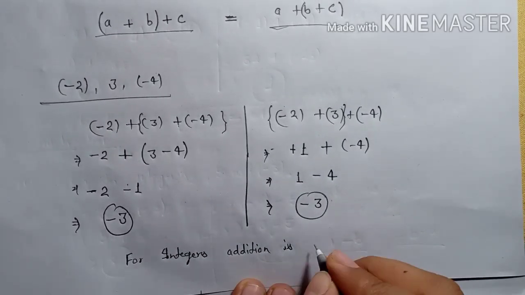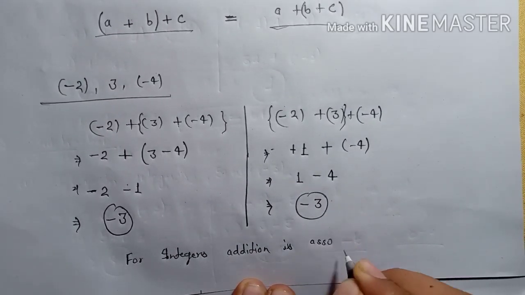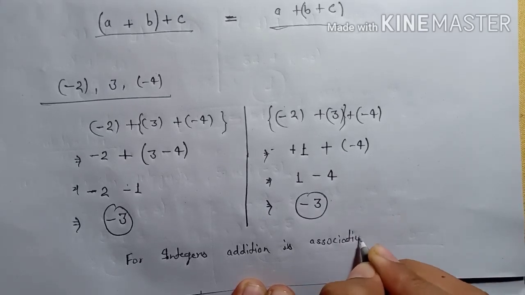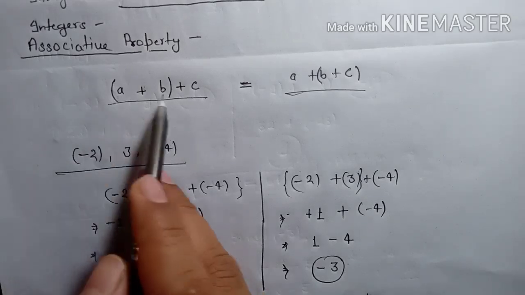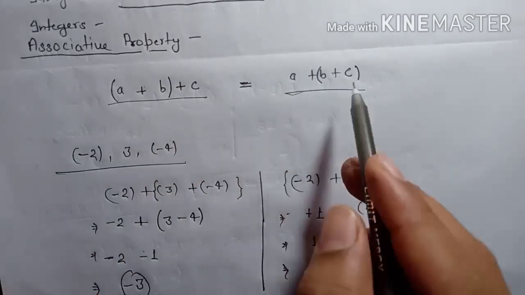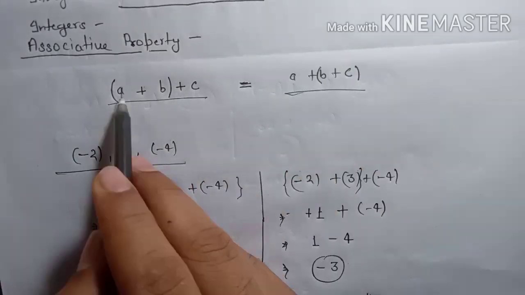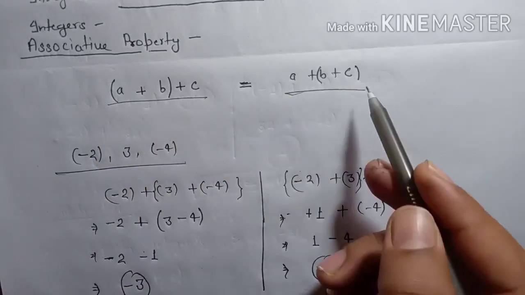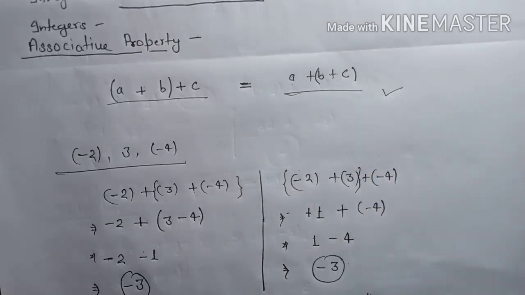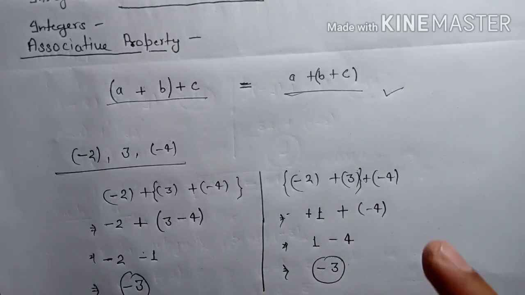Addition is associative, means you can add integers in any order as you want. Add a plus b, then add c, or add b plus c, then add a. The result will be the same, but for addition only. Okay, keep this in your mind.